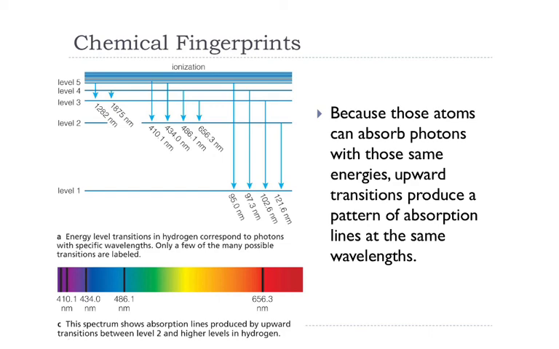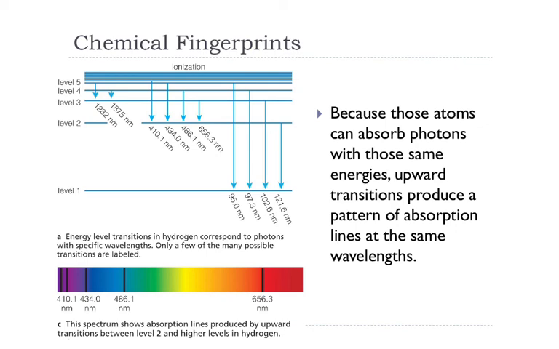Its legs are only so long. There's only a specific number of steps that it could take. So when we look at hydrogen, we will always see 656.3 nanometers. We will always look at 486.1 nanometers. So it's these specific ionized markers that we always see that are unique to hydrogen.